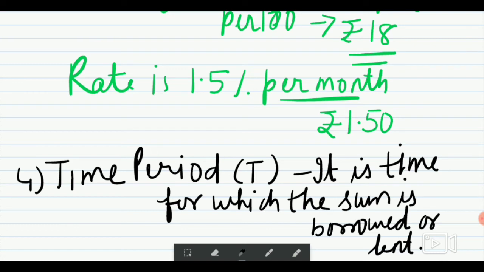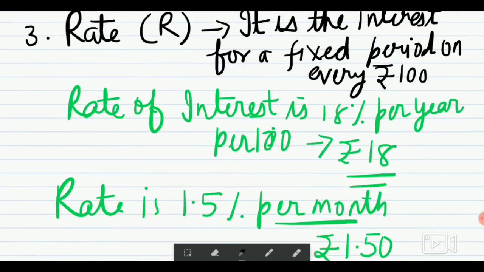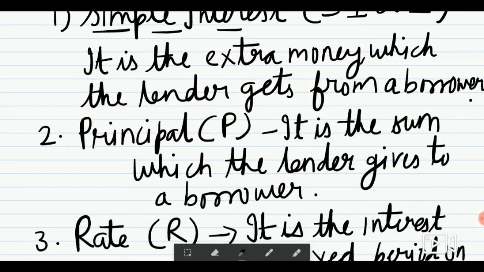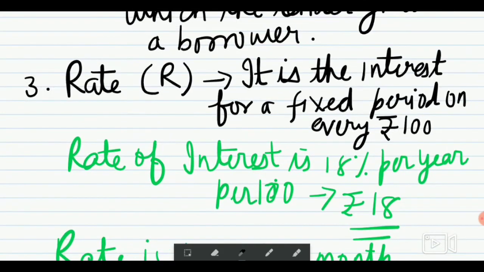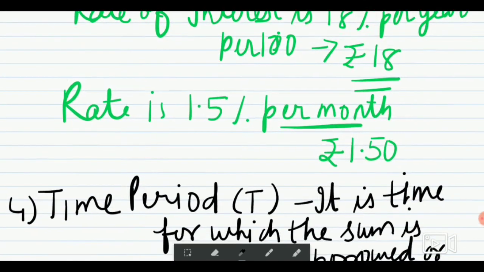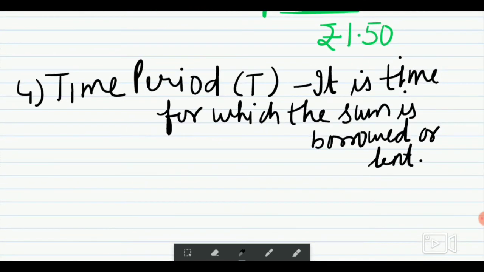And basically, children, the interest involves four quantities that I explained here. One is the principal. Second is the rate of interest. Third is the time period, and the fourth one is the interest. So these are the four quantities that you have to remember.